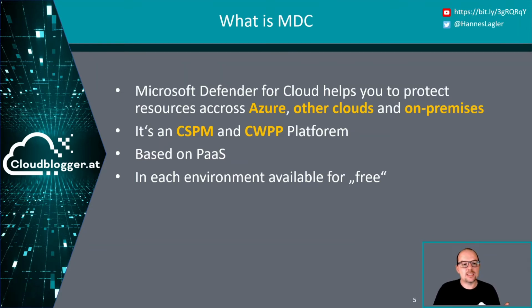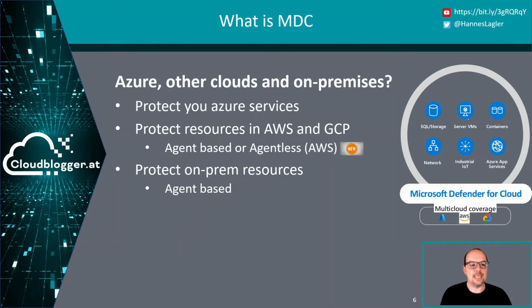Okay, what do other hyperscalers mean? Other hyperscalers means AWS and GCP. And since Microsoft Ignite, Microsoft announced a new functionality. When we think about other hyperscalers as well as on-premise, we have to install an agent. The agent is the Microsoft Monitoring Agent or the AMA agent, the new one.